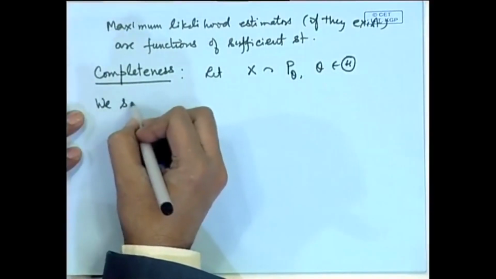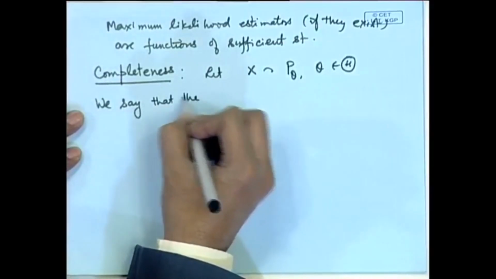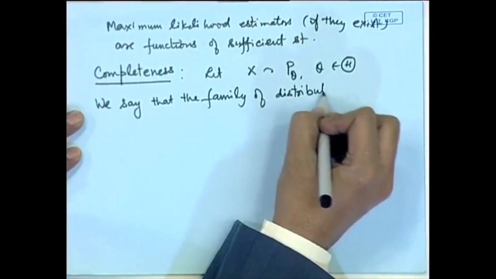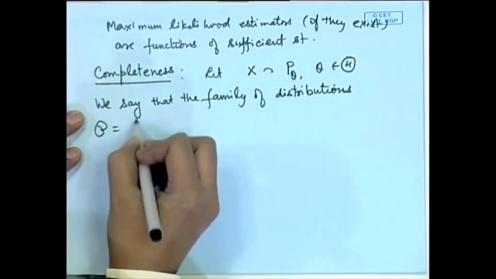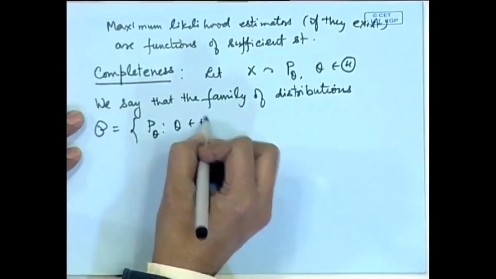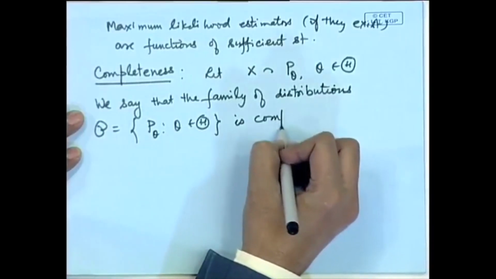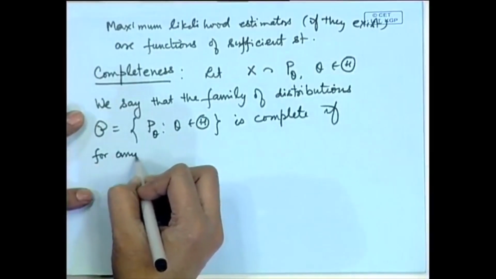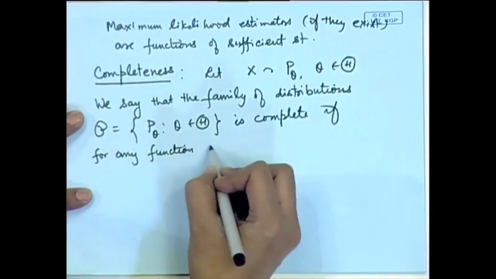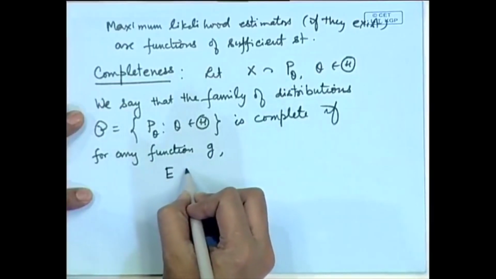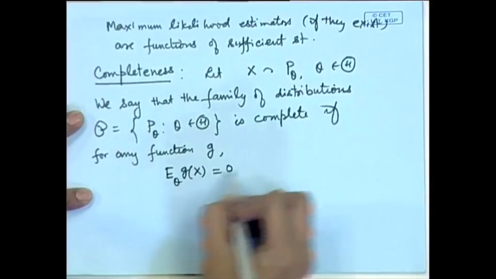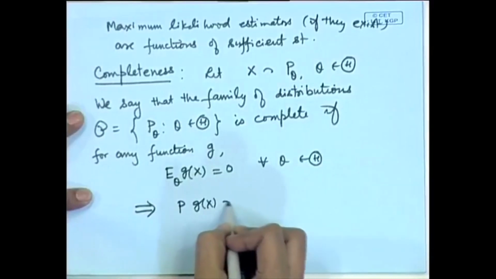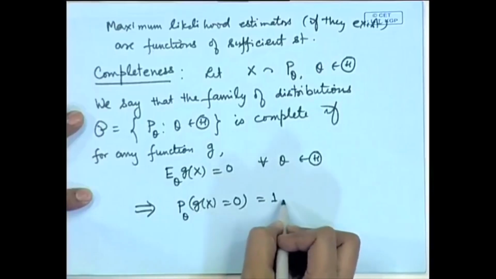So, we say that the family of distributions P = {P_theta} is complete if for any function g, expectation of g(X) is equal to 0 for all theta implies probability of g(X) = 0 is equal to 1.